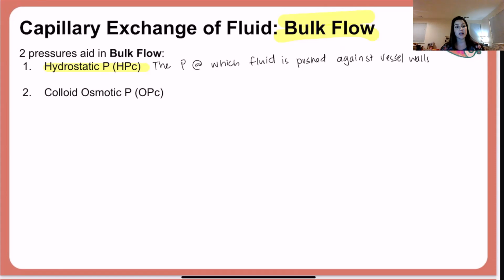And what hydrostatic pressure does is because it pushes on the walls of that vessel, hydrostatic pressure promotes this word called filtration.